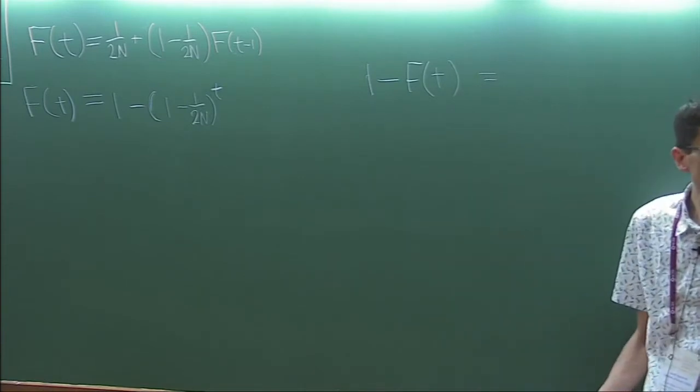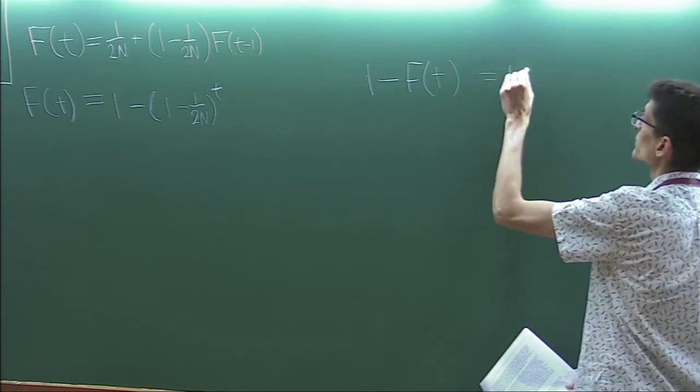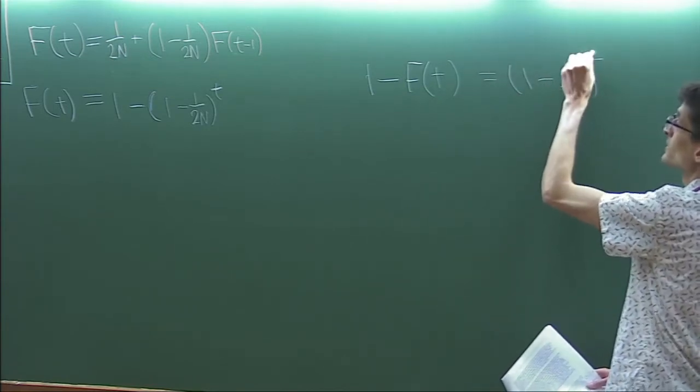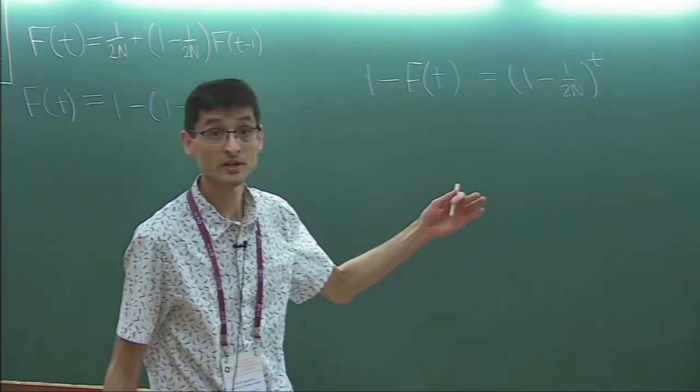So this is the constant population size case, the ideal population case. That would be 1 minus 1 over 2n to the t. And I just want to use an approximation here.